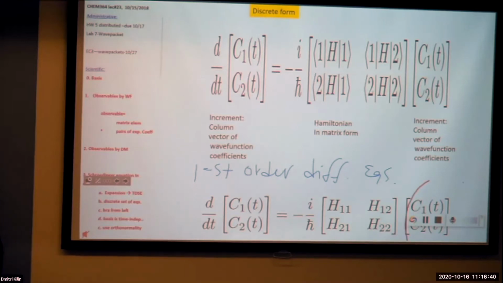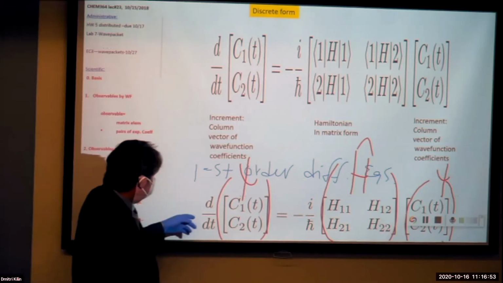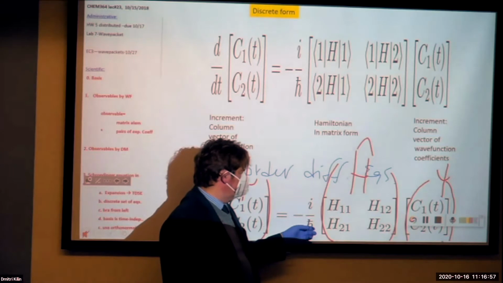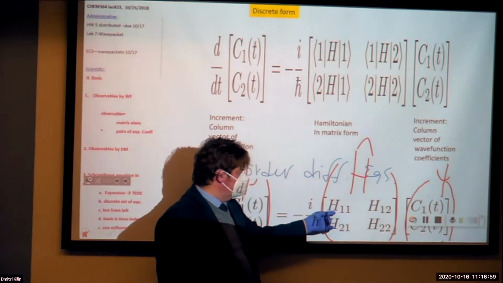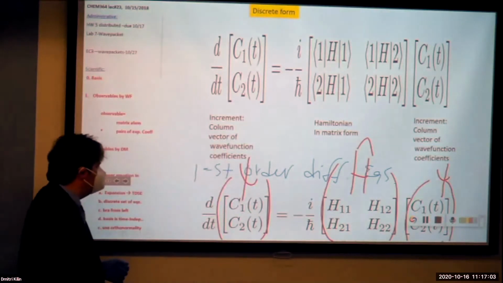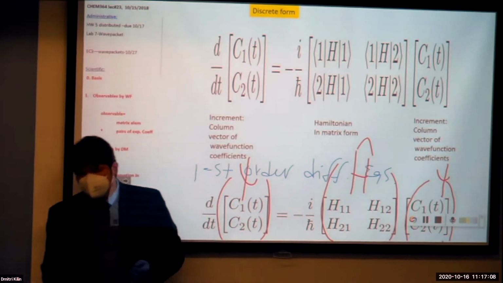This column vector, you can say it is the wave function psi. Here it is the same object psi, and here is the matrix that replaces the Hamiltonian operator. So we have the time derivative of the wave function equals minus the constant i over h bar, then the operator of total energy, and then the wave function. And the goal of this equation is to predict how the wave function evolves forward in time.